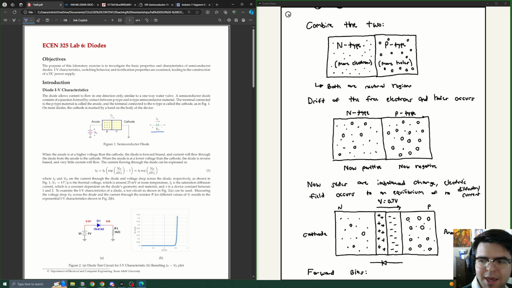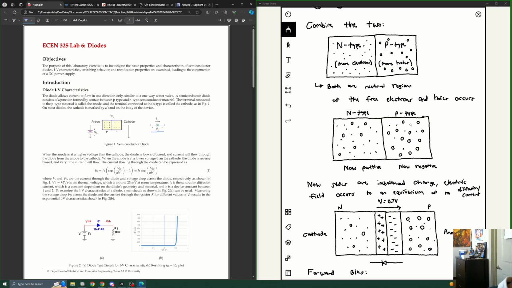Because of that, now there are more electrons over here and more holes over here. Now the n-type is positive, and the p-type is negative, just due to the diffusion of these free charge carriers.